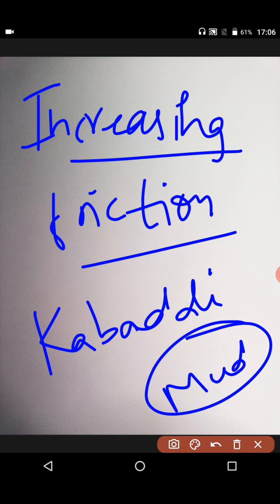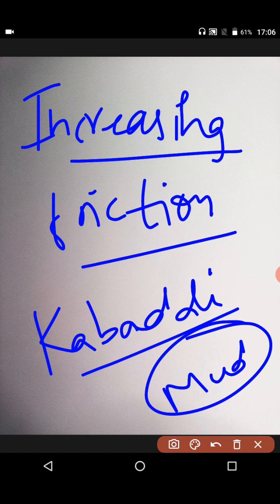Have you ever thought about why? You are going to increase friction whenever you rub your hands with mud. Kabaddi players rub their hands with mud. Gymnasts rub their hands with some solution. They rub to get more friction, to get grip.